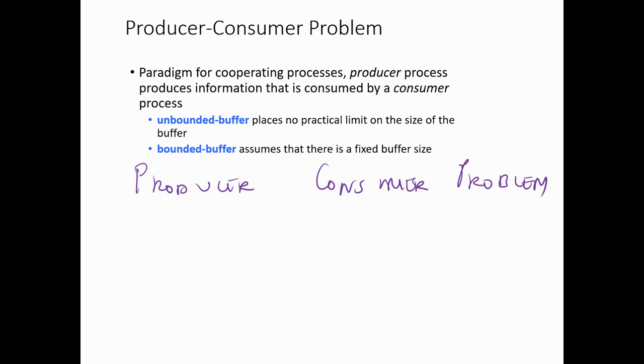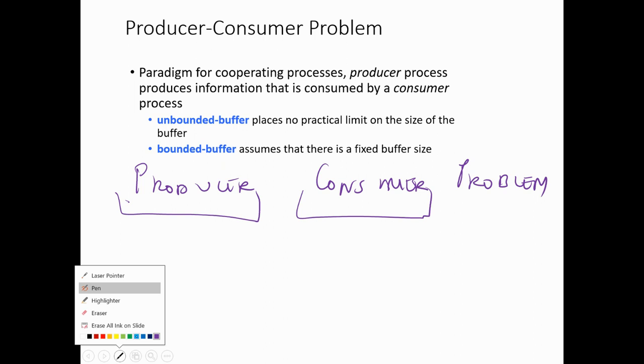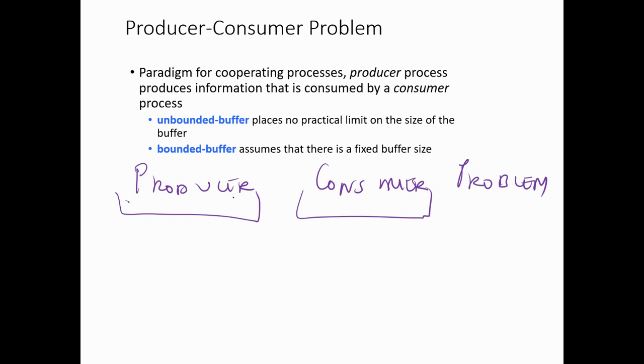So in the paradigm of cooperating processes, we know there will be two important entities. One is the producer, another one is the consumer. What is the producer and what is the consumer?